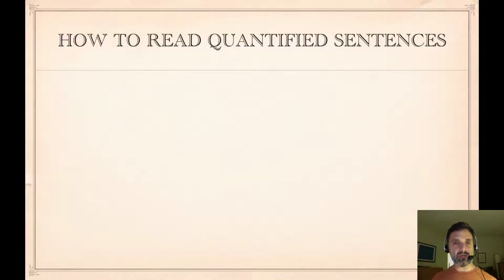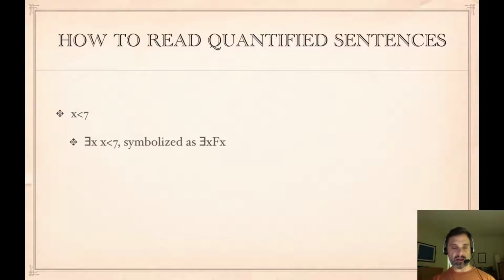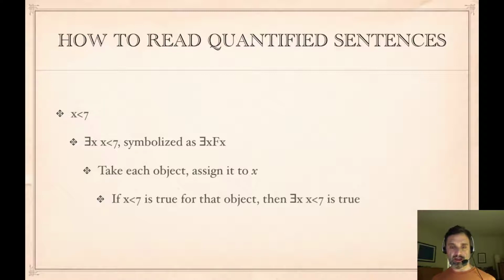So that's pretty straightforward. If we have a sentence like "x is less than 7," and we put ∃x on the front, we would symbolize that as ∃x F(x). So how would we figure out if that was true? Well, we take each object and assign it to x and find out if, when we assign that object to x, x is less than 7 is true or false.